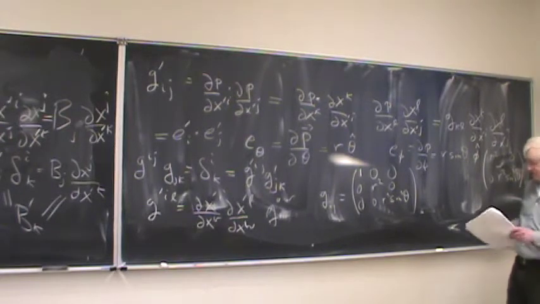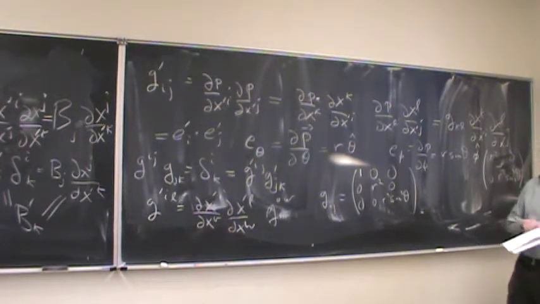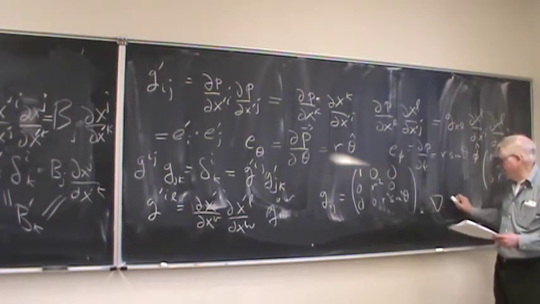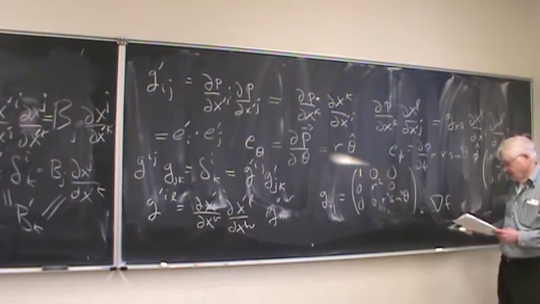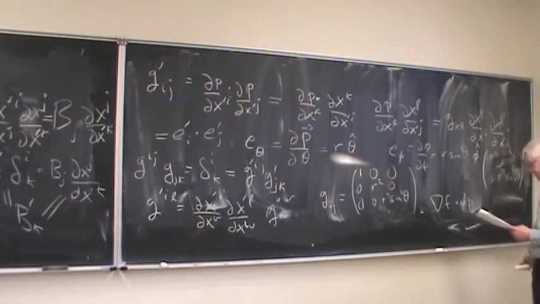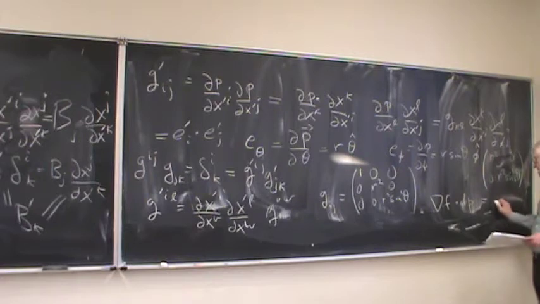Maybe I'll just say a word about a gradient and then we can mix it up. So the gradient basically would be defined this way. The gradient dotted into dp is df.